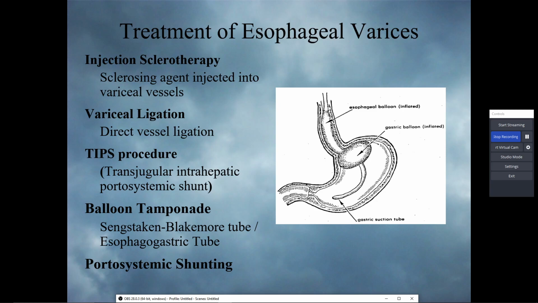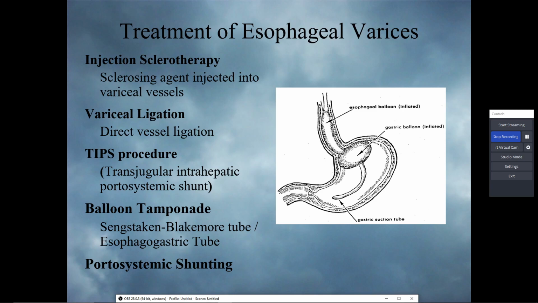But we're coming down the esophagus into the stomach, and this gastric balloon gets pulled back, inflated, puts back pressure on the superior regions of the stomach, and puts pressure on the bulk of the esophageal structures distal to the epiglottis.